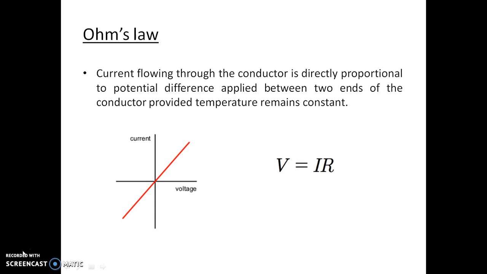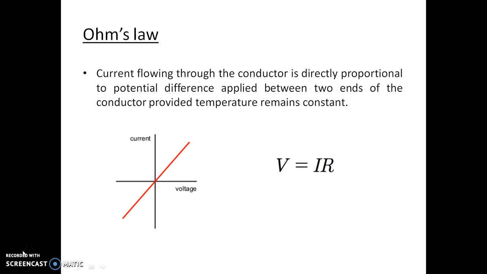Ohm's law states that the current flowing through a conductor is directly proportional to the potential difference applied between the two ends of the conductor, provided temperature is constant. So we can say that voltage is always proportional to current.